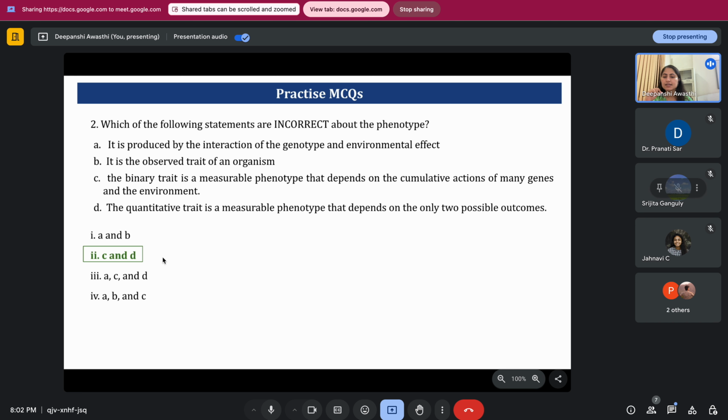So why are C and D incorrect? Option A is correct because it is governed by genotype and environmental effect interactions. And it is an observable trait.